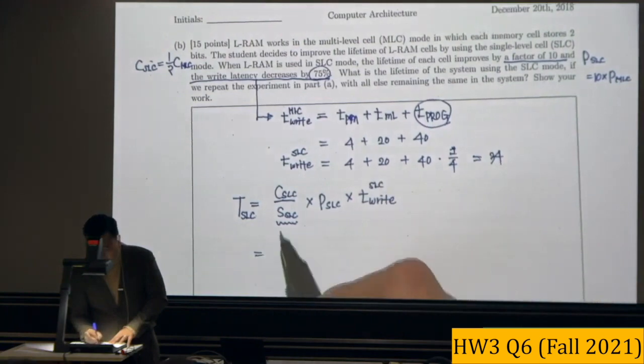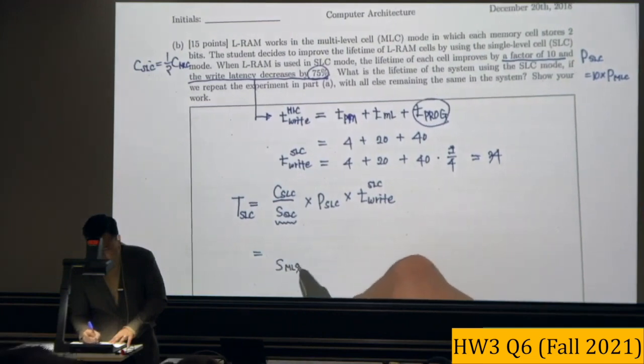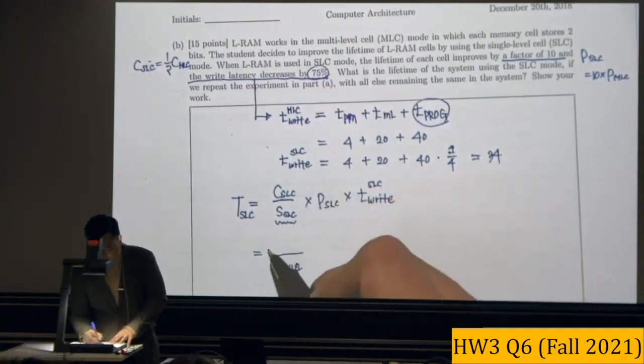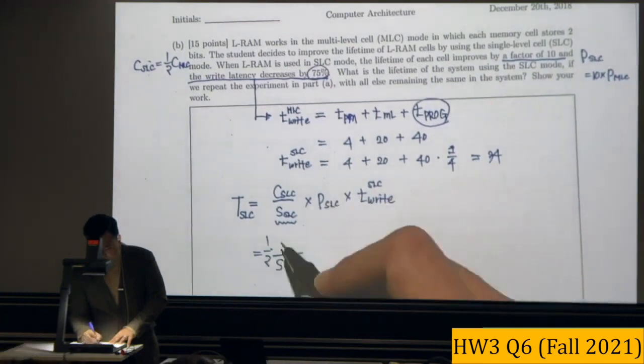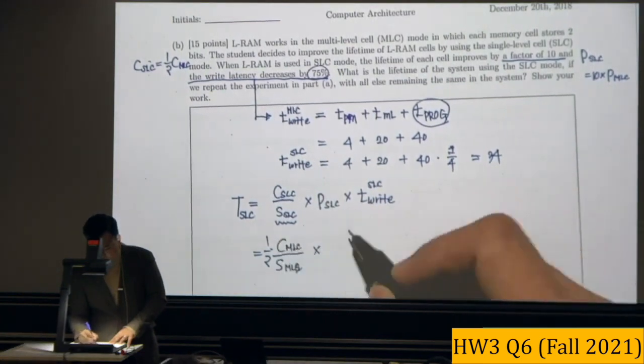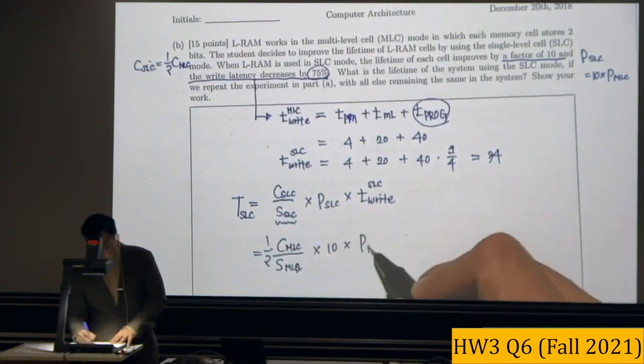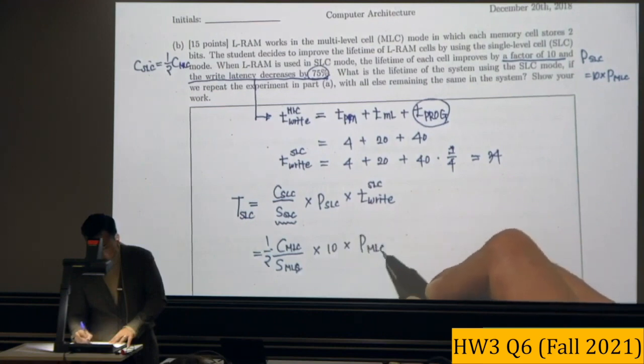Let's say, okay, so this should be same as MLC, and the capacity is reduced by half, and the program cycle is increased 10 times.